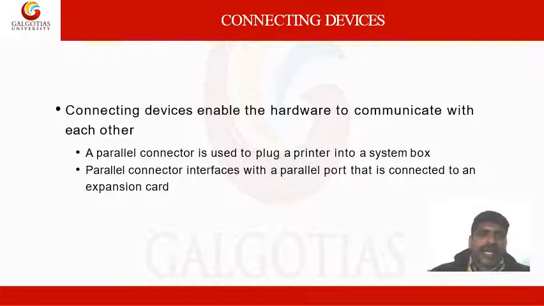The connecting devices enable the hardware to communicate with each other. Connecting device means to connect one device or computer to another. Through cable we may connect one computer to another, or through wireless we can connect to each other.